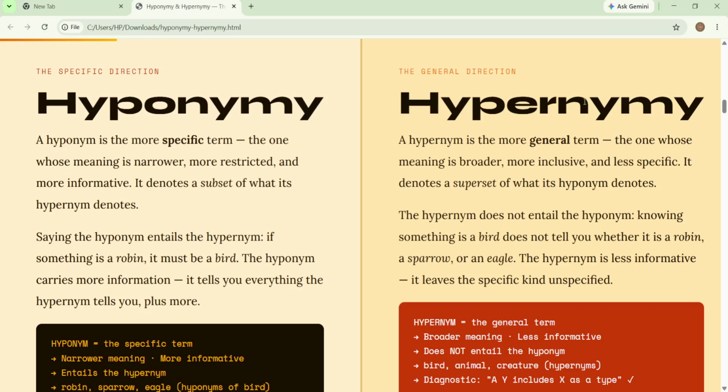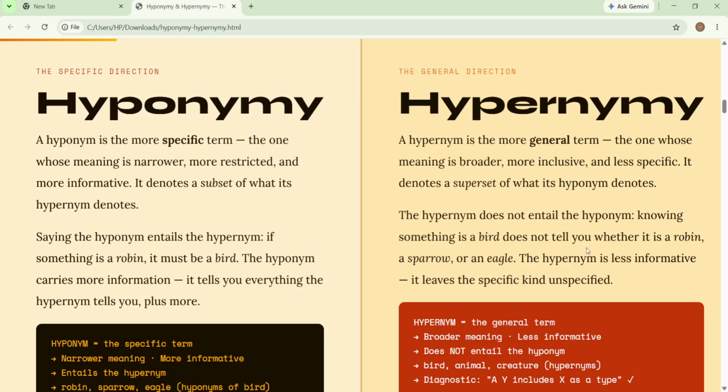Whereas hypernym, the general direction: a hypernym is a general term, the one whose meaning is broader, more inclusive, and less specific. It denotes a superset, whereas the hyponym denotes a subset of what its hyponym denotes.